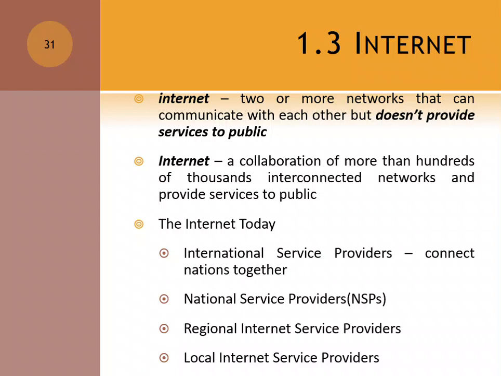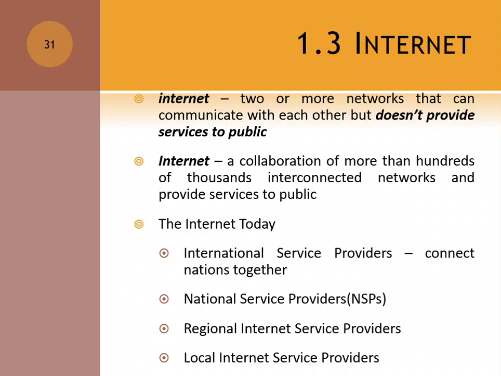The one with a small i means two or more networks that can communicate with each other but don't provide services to public. Okay, contohnya kalau dua LAN tu dia connected together hanya untuk kegunaan private, okay, untuk company tertentu, itu adalah internet. Okay, dua ataupun lebih network yang boleh communicate satu sama lain tetapi tidak menyediakan perkhidmatan kepada umum, itu adalah internet.